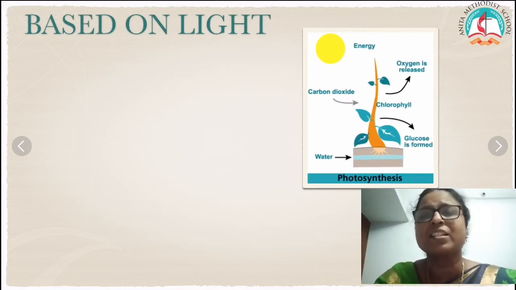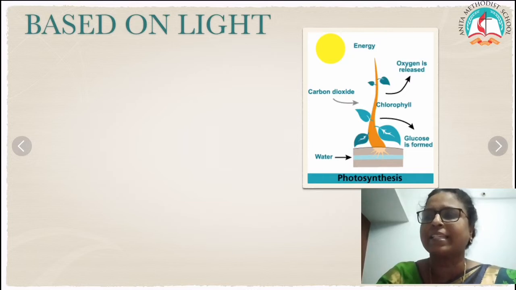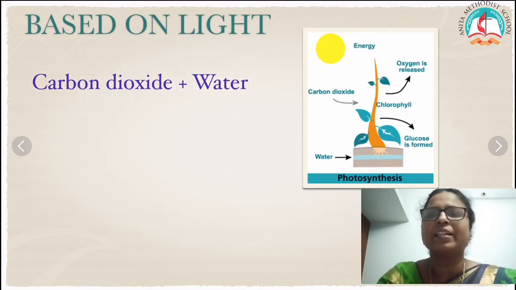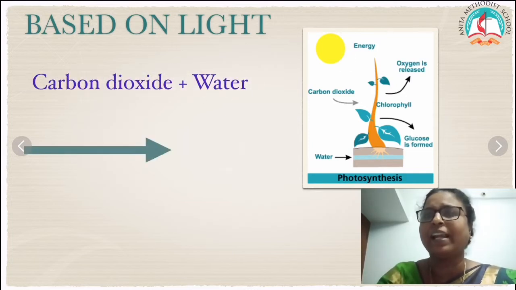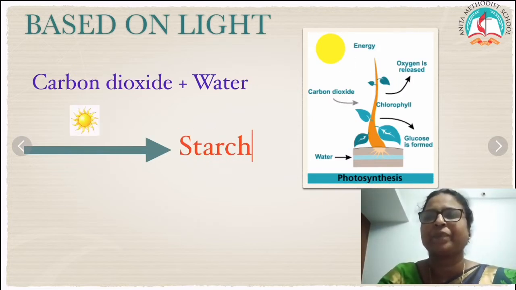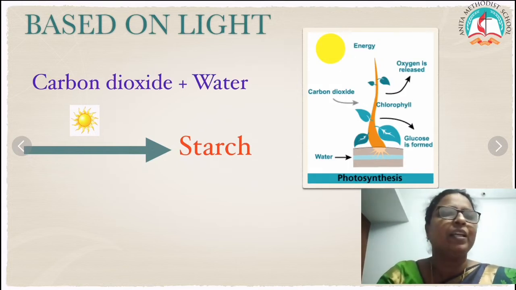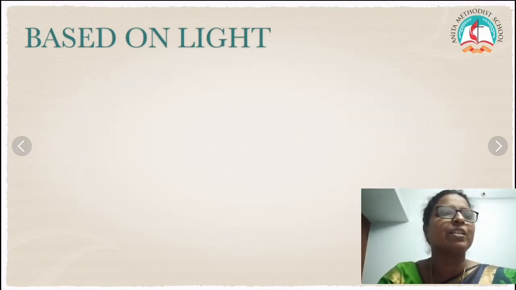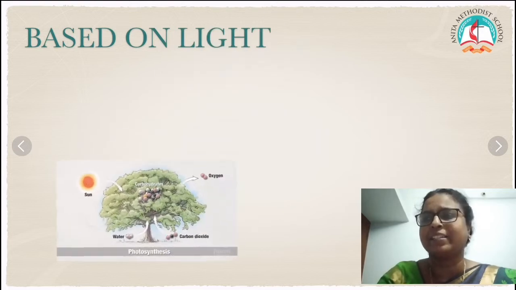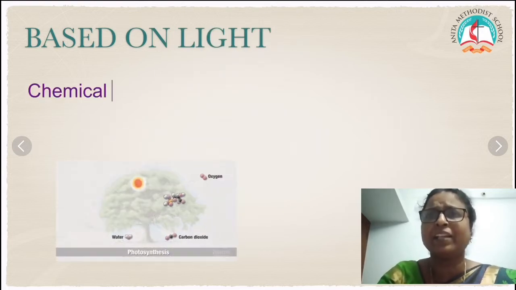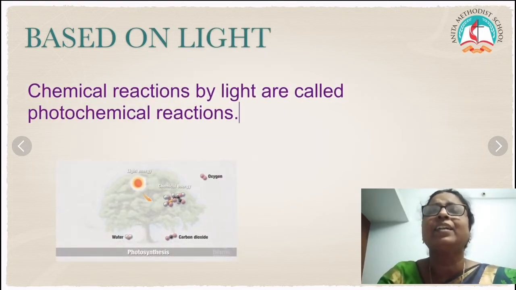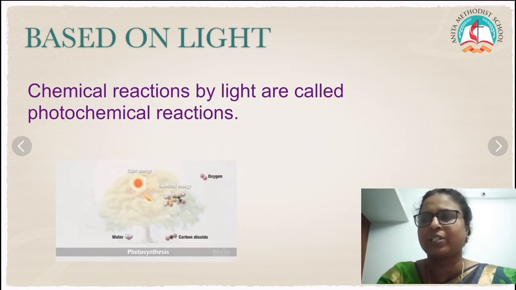This process is called photosynthesis. Carbon dioxide plus water in the presence of sunlight gives starch. All the chemical reactions caused by light are called photochemical reactions.